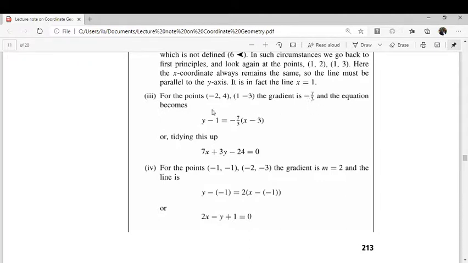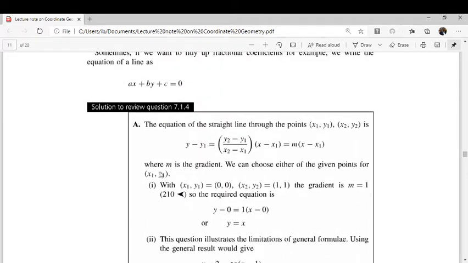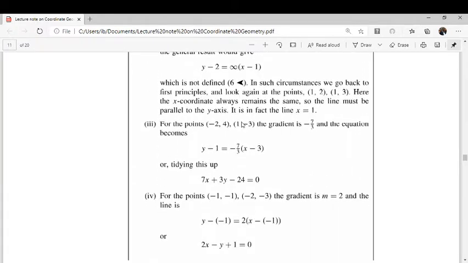Find the equation. Already you know the gradient is this. You know your S1 and you know your Y1. You substitute it. Come back to your equation. So here we are taking this as S1, Y1. You can as well decide to take this, depending on the problem.